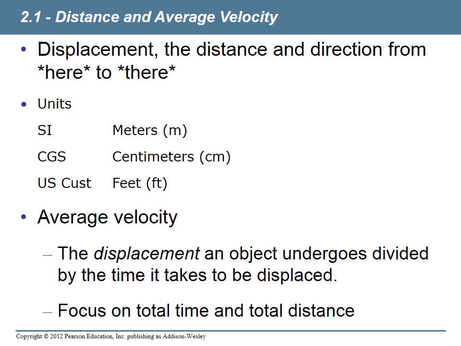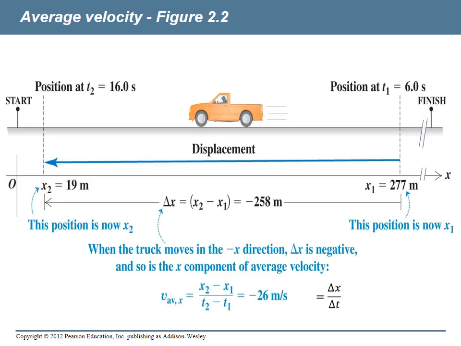Average velocity is defined as the displacement an object undergoes divided by the time it takes to be displaced. So it's the displacement, which is the distance and direction it goes, divided by the time it takes to get there. We'll focus on the total time and the total distance.